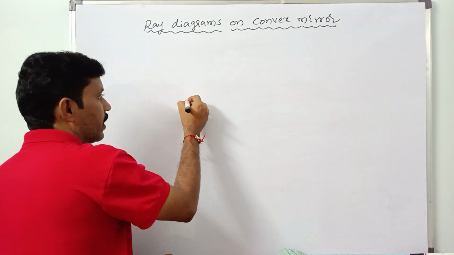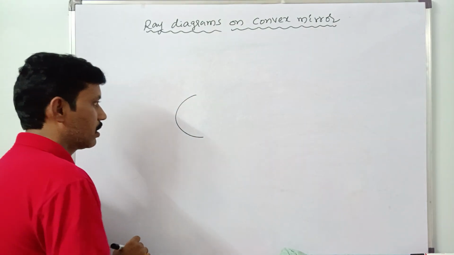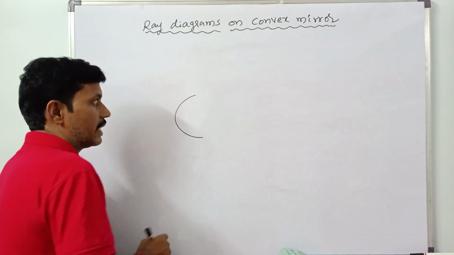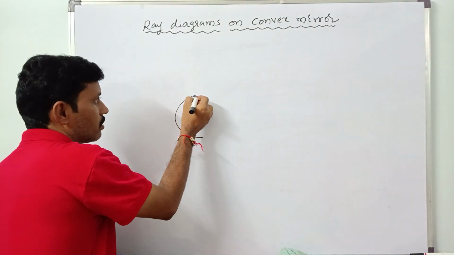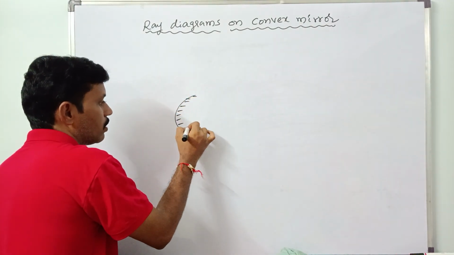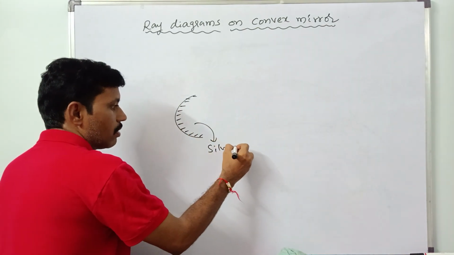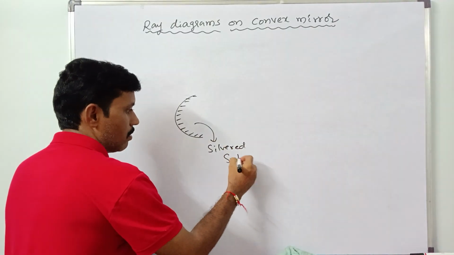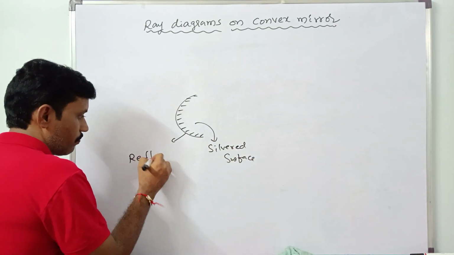So convex mirror, this is the curvature. If the reflecting surface is outward, that means the silvering surface is inward. So this is the silvered surface, and this is the reflecting surface.